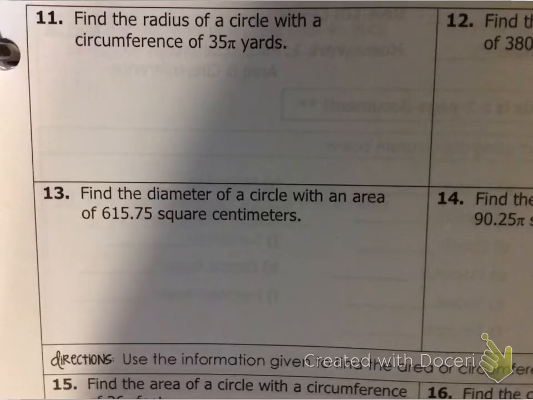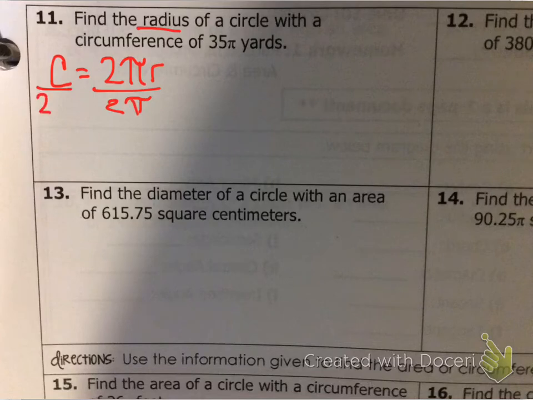Here they want you to find the radius of a circle with a circumference of 35 pi yards. If they ask you for the radius, circumference is equal to 2 pi r. I can divide by 2 pi to get the radius.